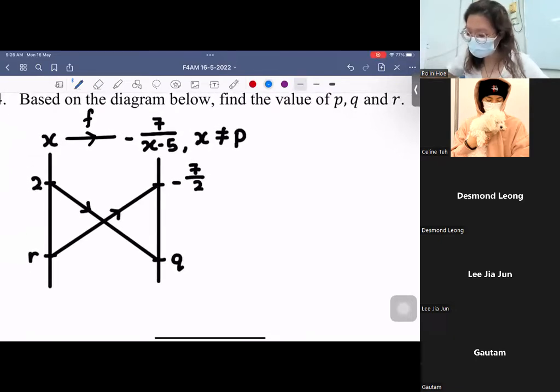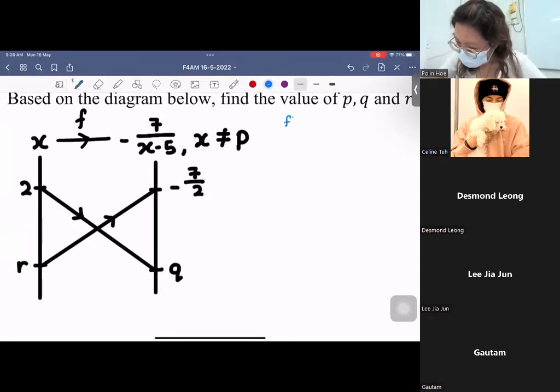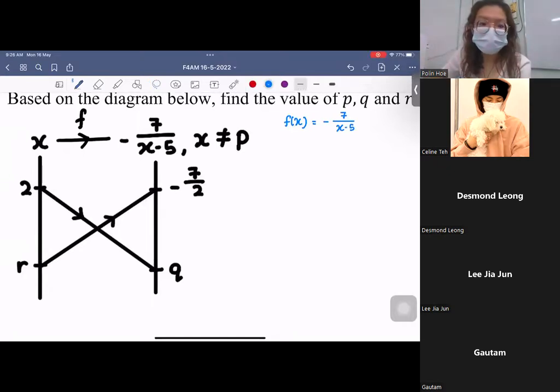At first, you should write out f(x) equals to -7 over x minus 5. After that, find P first.